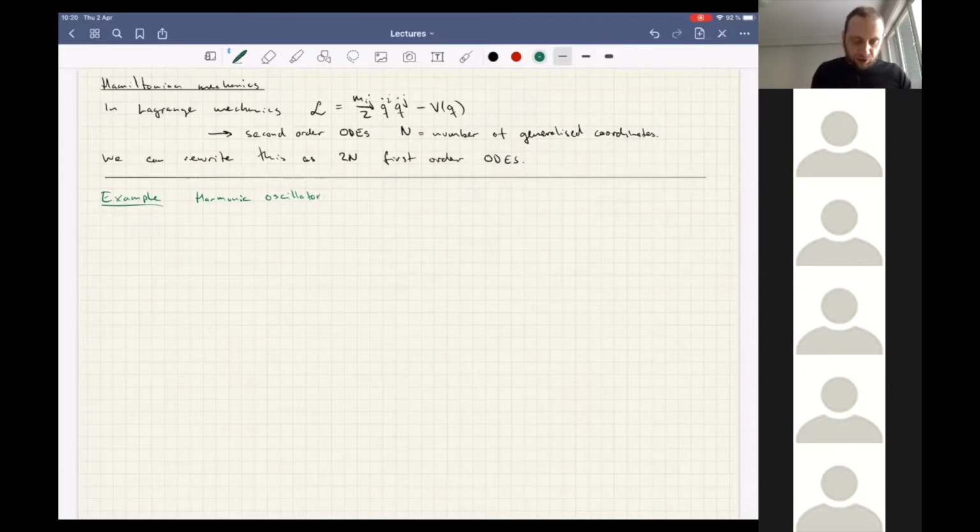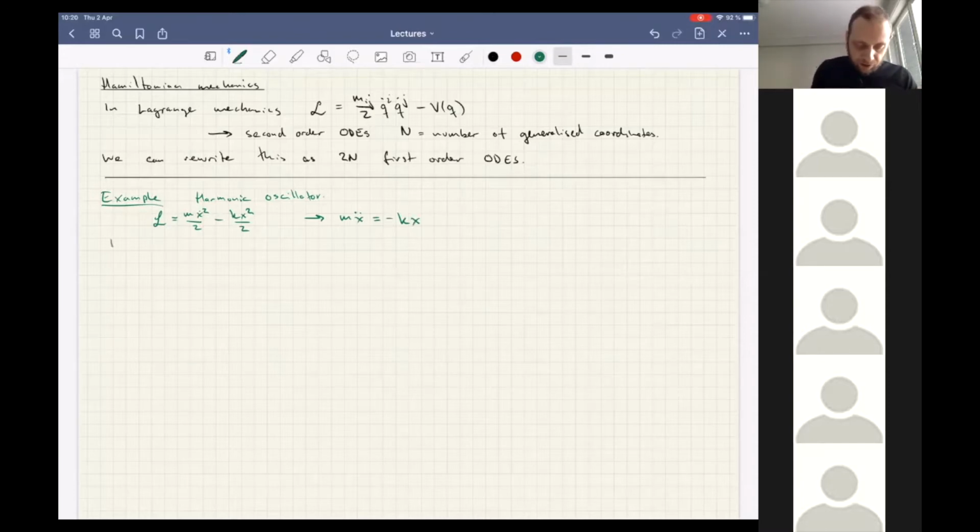For the harmonic oscillator in one dimension, we have a Lagrangian, which is just m x dot squared over 2, and the potential energy term will be just kx squared divided by 2. Now, this gives us the equations of motion that you're familiar with. The mass times acceleration is minus this constant k multiplied by x. So this is the harmonic oscillator equation of motion.